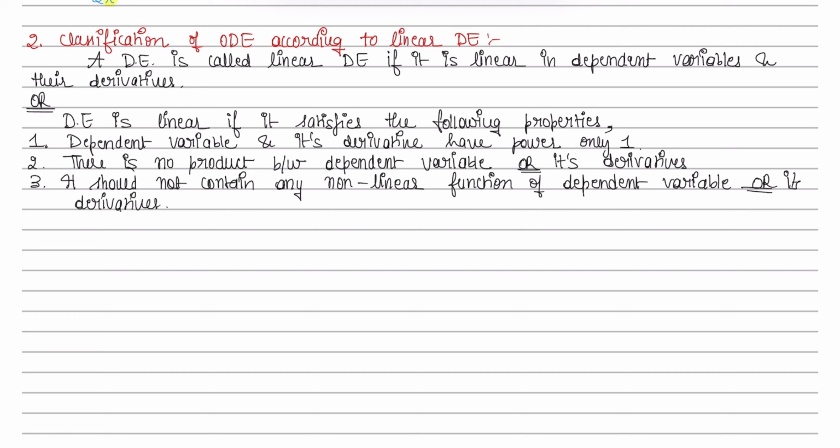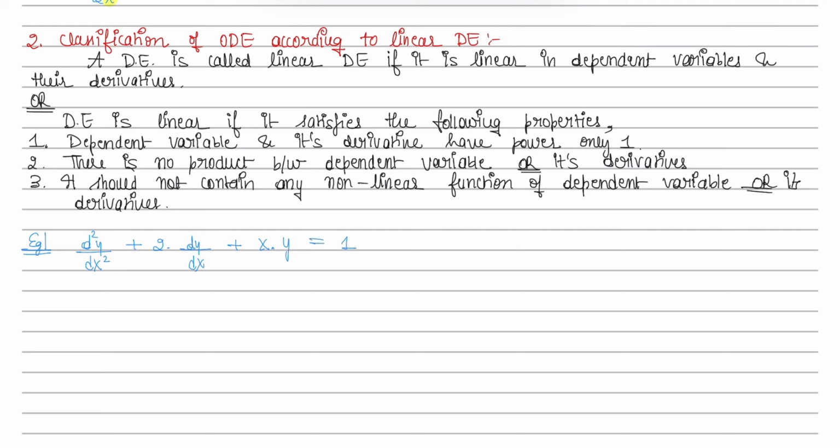Now let us understand this concept with the help of an example. Example number 1. d square y by dx square plus 2 times dy by dx plus x into y is equals to 1.